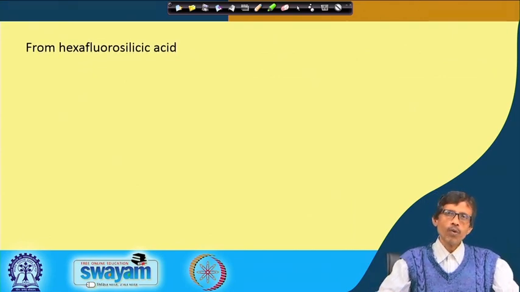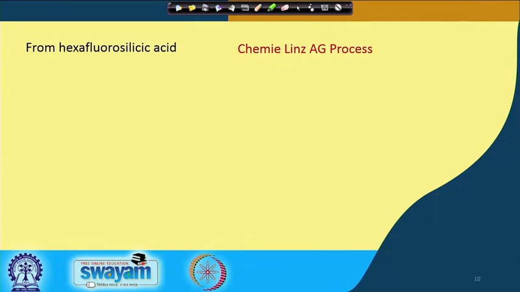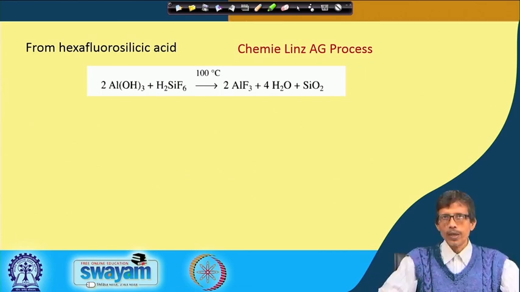Then aluminum trifluoride can also be obtained using hexafluorosilicic acid. Instead of getting aluminum fluoride as before, now you use hexafluorosilicic acid as the material supplying your fluoride ions, not your HF, not your sodium fluoride, not your ammonium fluoride.